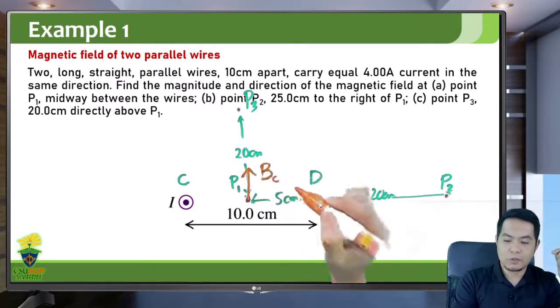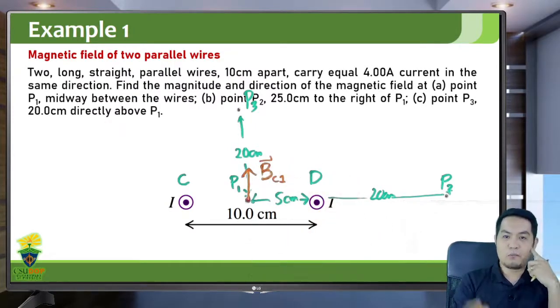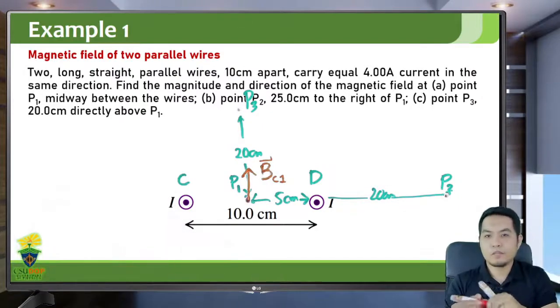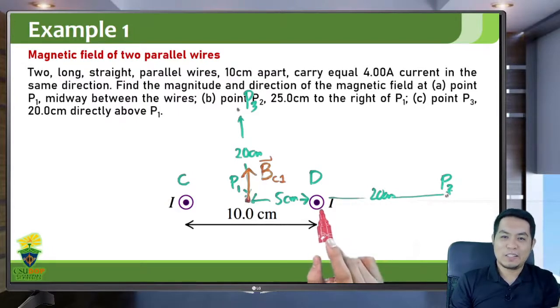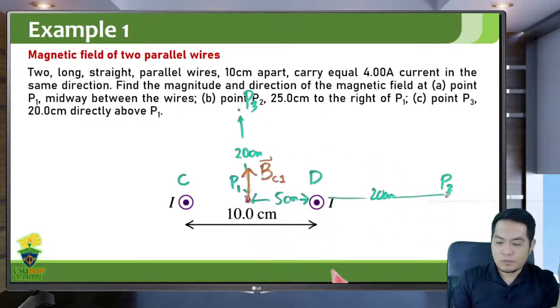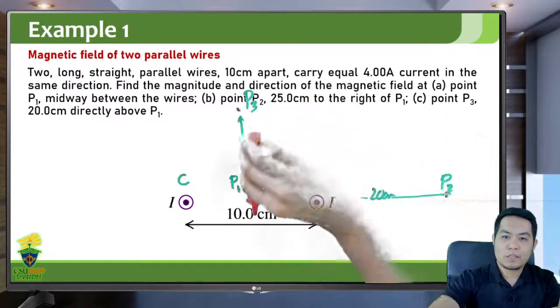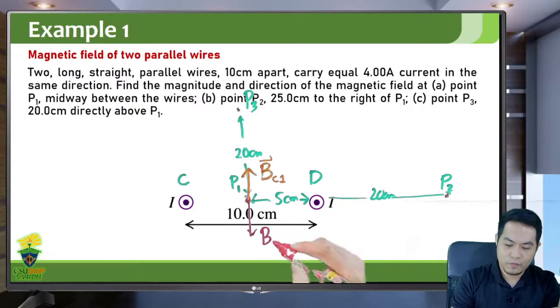This is the magnetic field due to wire C at point 1, BC1. It's upward. And due to wire D, it's also counterclockwise, but at point P1, the direction of the magnetic field due to wire D will be downwards. BD1.